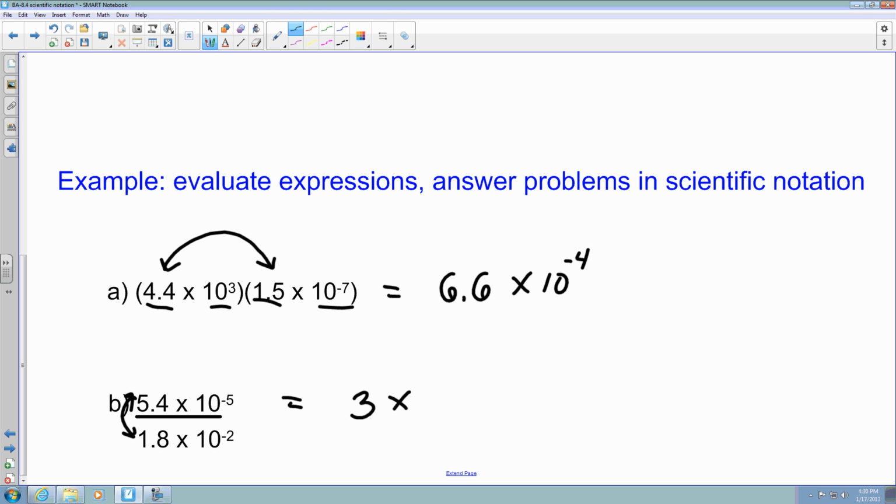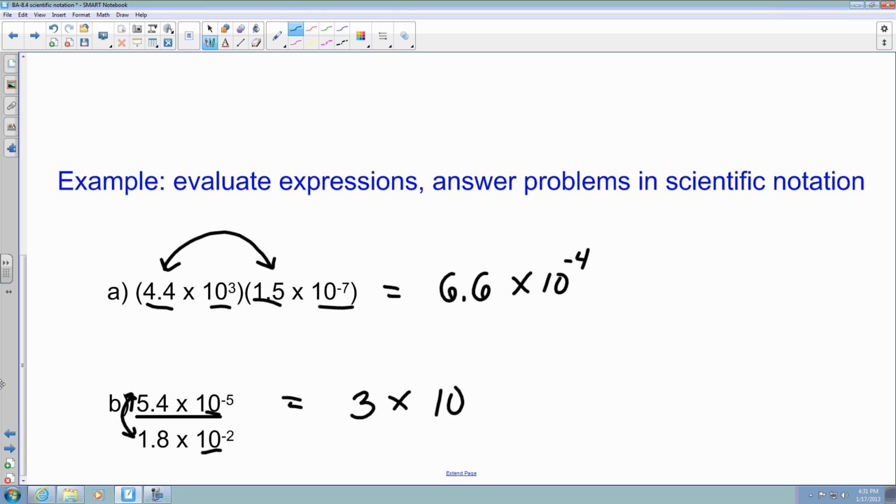So since I have 3 that's in between 1 and 10, so I can go 3 times 10, and then I can use the quotient power property rule and say, okay, I have the same base of 10, and so if I divide 10 together with exponents, I can subtract the exponents together.